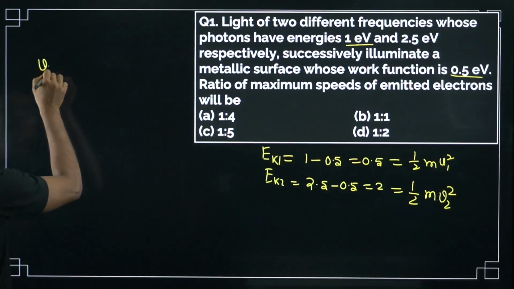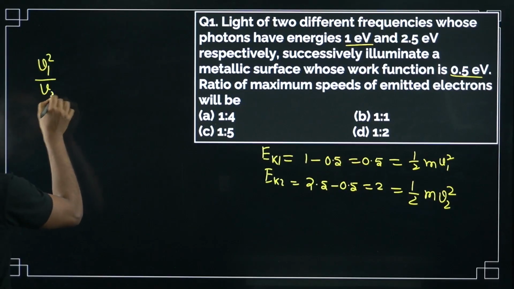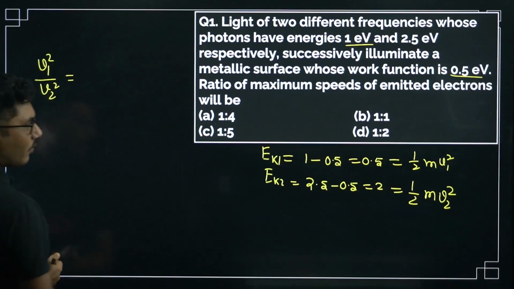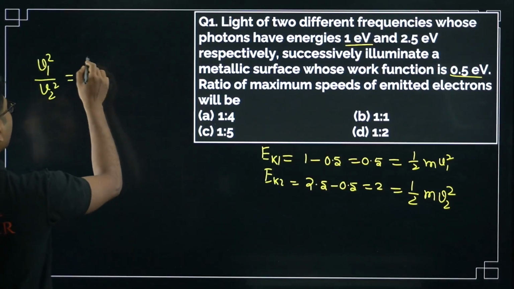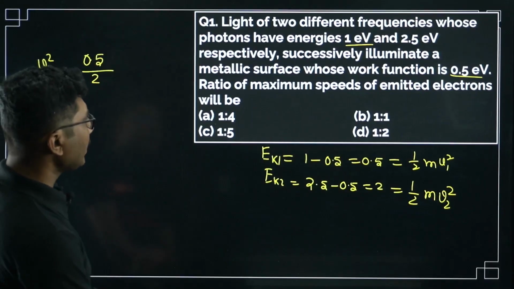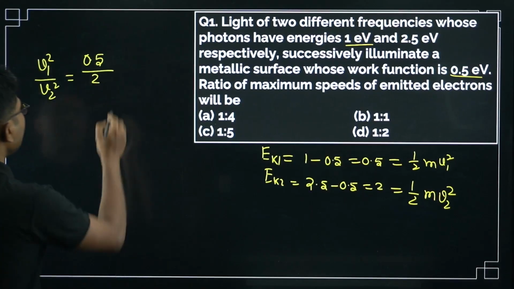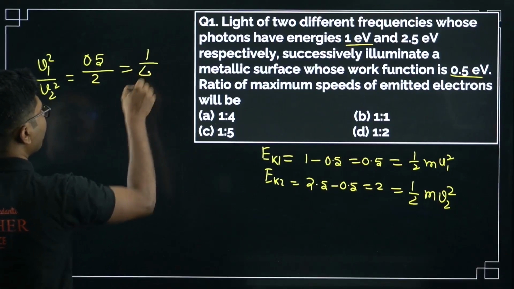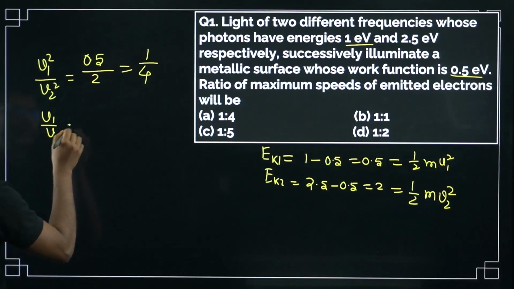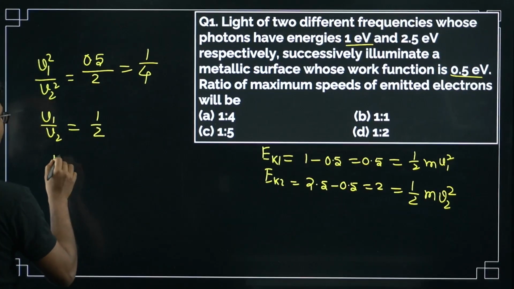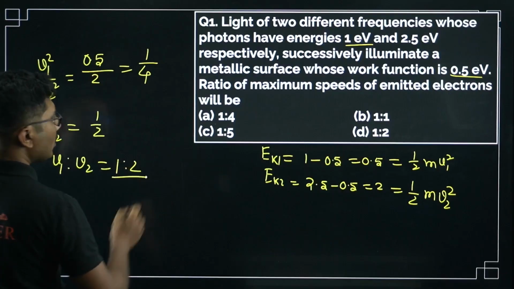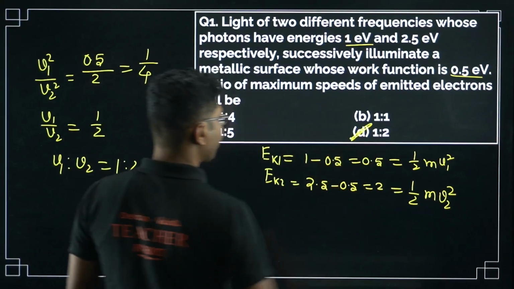So you get v1 square by v2 square equals 0.5 divided by 2, so it will be 1 upon 4, or v1 by v2 will be 1 upon 2. So v1 is to v2 will be 1 is to 2. So the correct answer is option D.